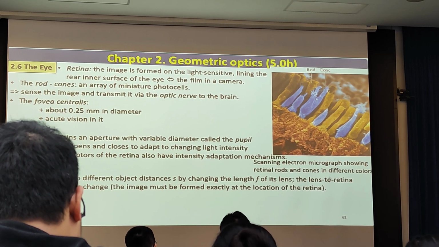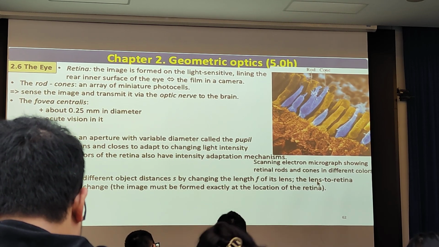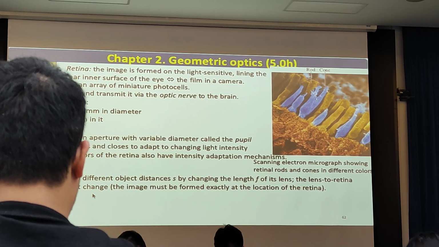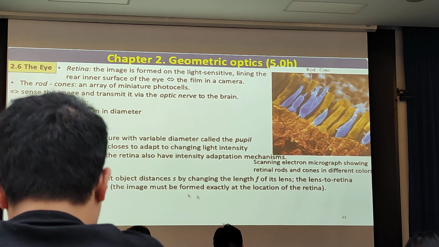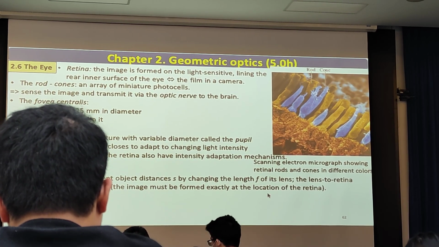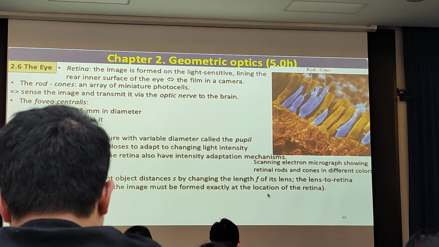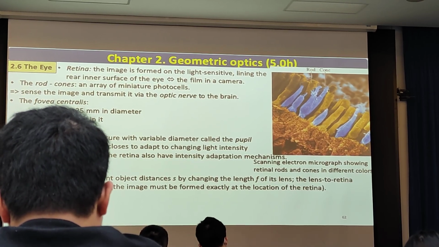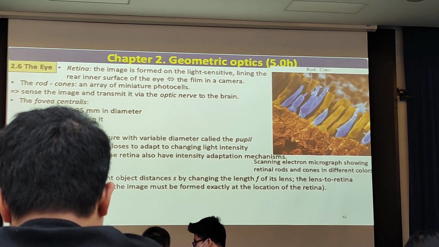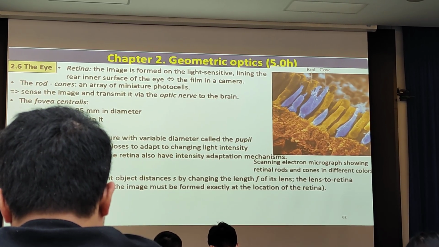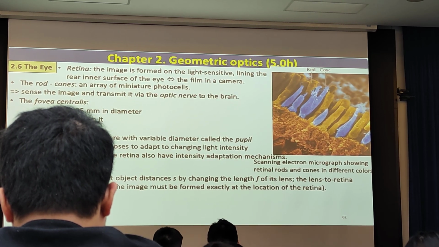And pay attention, the lens to retina distance s' does not change. That means the image must be formed exactly at the location of the retina. The reason why I, or some of you, use glasses is that the shape of your eyes, the place of the retina and the image, is not the same. That's why you need some correction lens to support you.